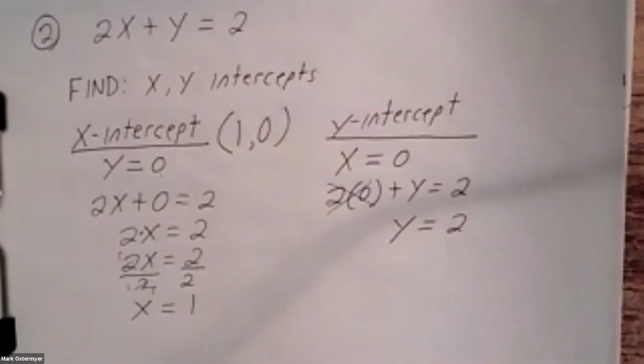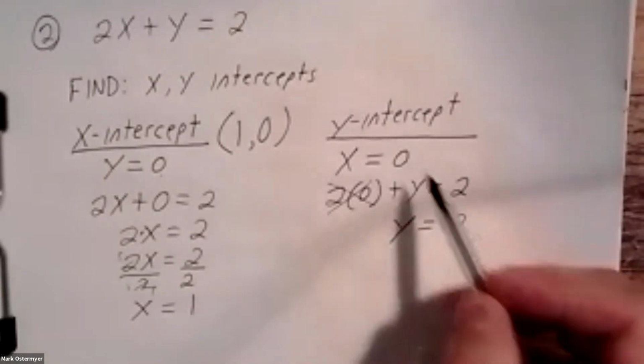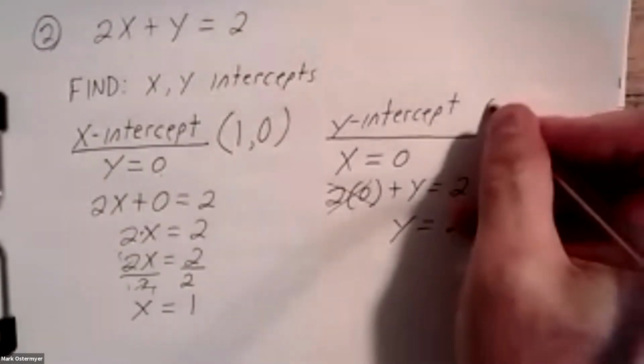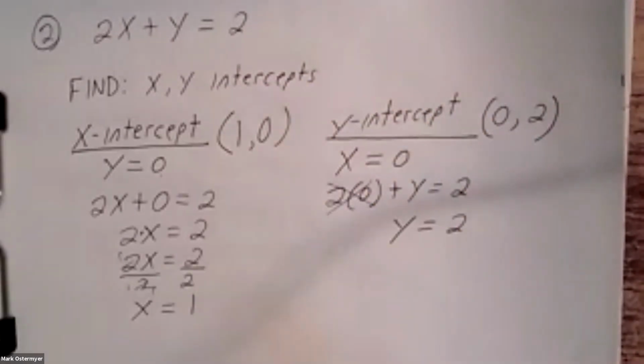So as an ordered pair, what would be my y-intercept? 0, 2. All right, not 2, 0. Remember, the x coordinate comes first and then the y coordinate for ordered pairs. So it would be 0, 2. Everybody see that there?